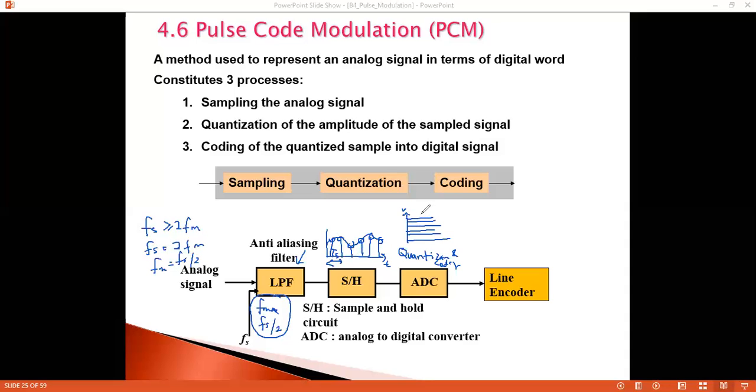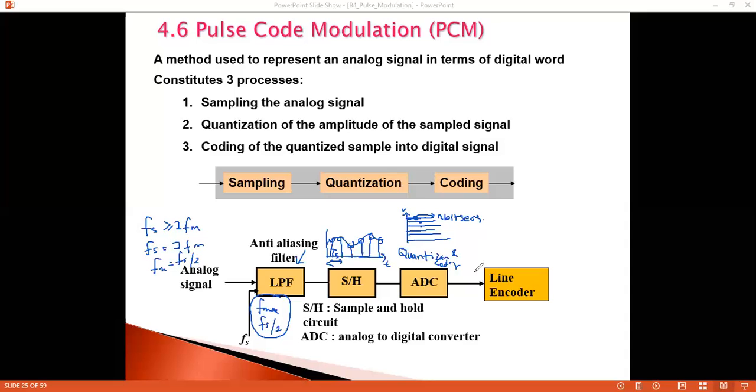So not all sample values will be used as they are. The sample values will be rounded to the quantized voltage values. Only values that we already defined will be accepted for further processing. This quantized voltage then will be converted to an n-bit series. So here is where we have our coding.